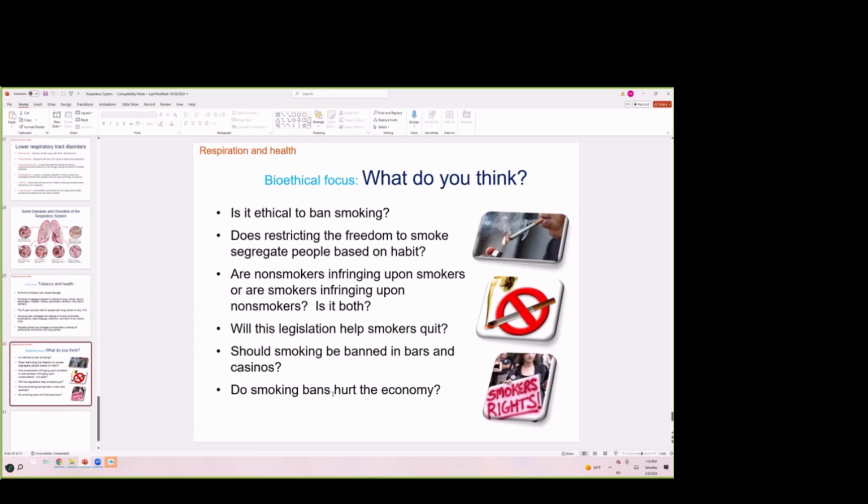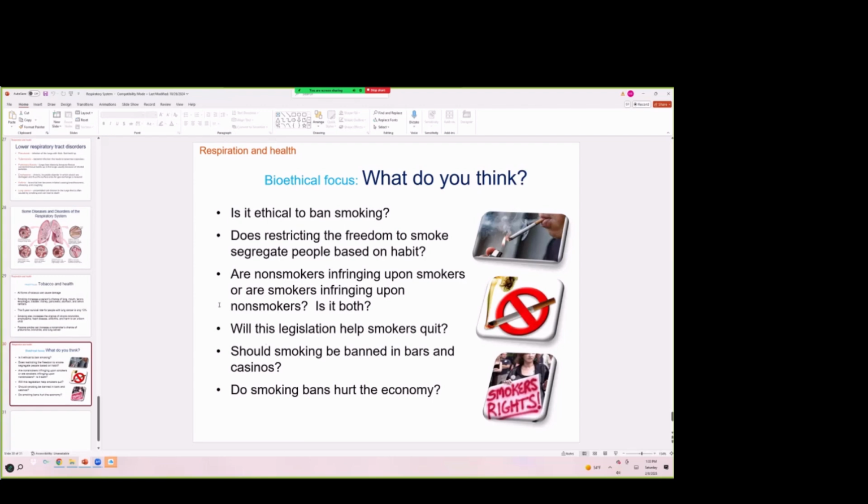But we now know many aspects of these habits that affect our health. So I asked, do smoking bans hurt the economy? We have all of these things, and it's something that we can always have a discussion about.